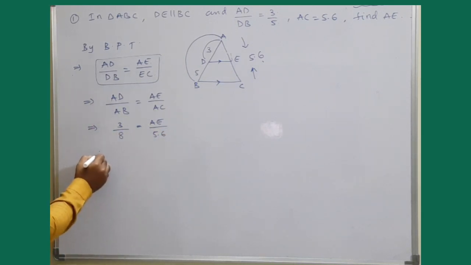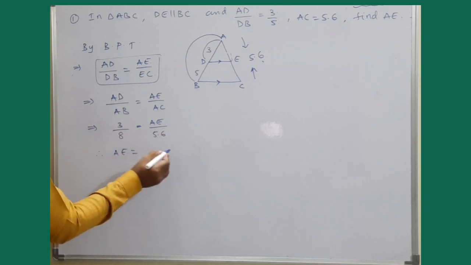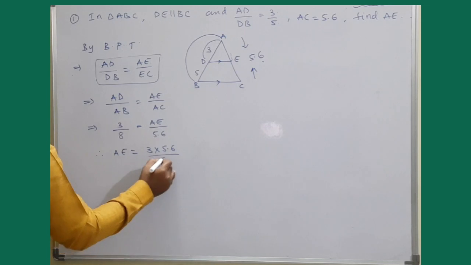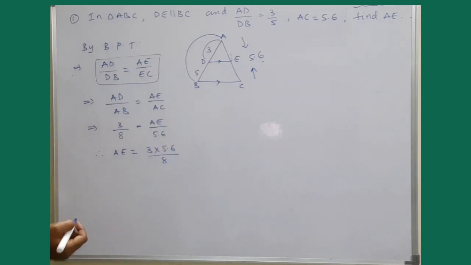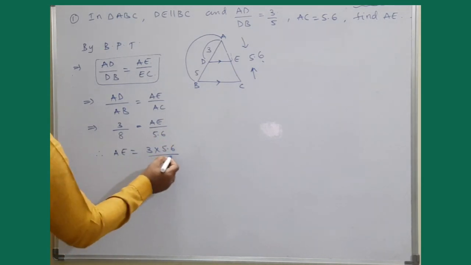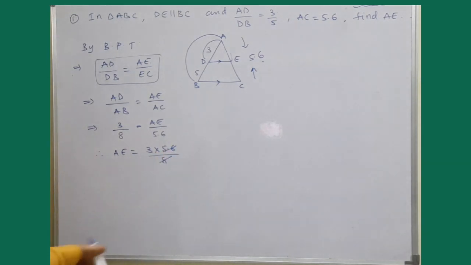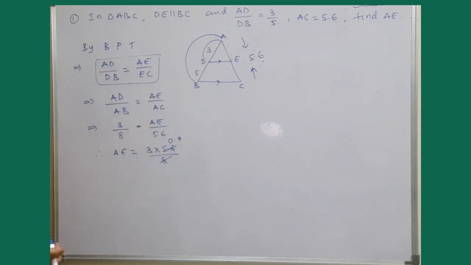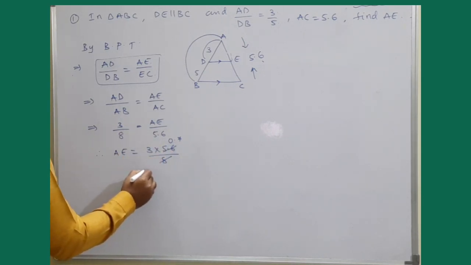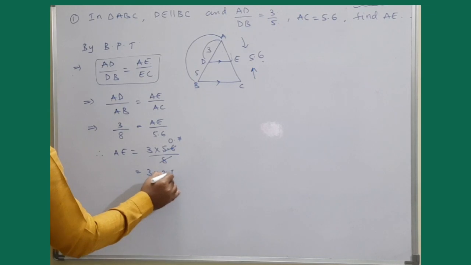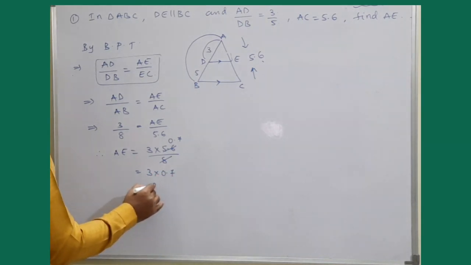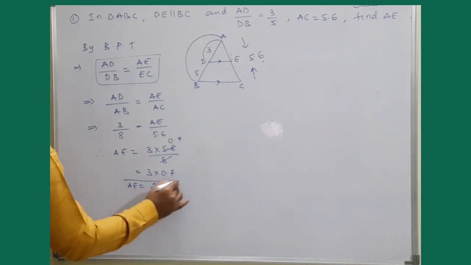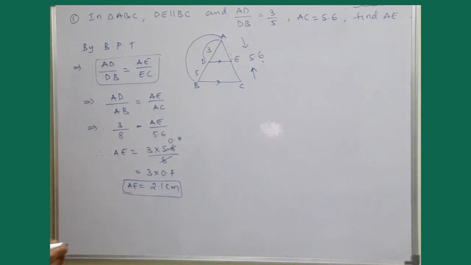Now AD, suppose I take it as 3 units, and AB total 3 plus 5, 8 units, which is equal to AE, what we need to find, by AC, already provided 5.6. So cross multiplication, AE is equal to 3 into 5.6 by 8. 5.6 divided by 8 is 0.7, since 7 eights are 56. So AE is equal to 3 into 0.7, which is 2.1 centimeters. Understood?